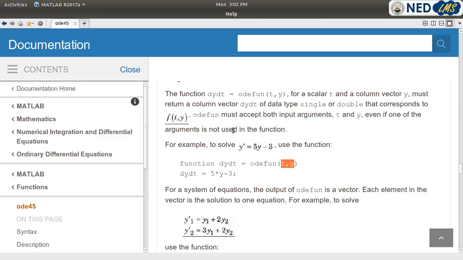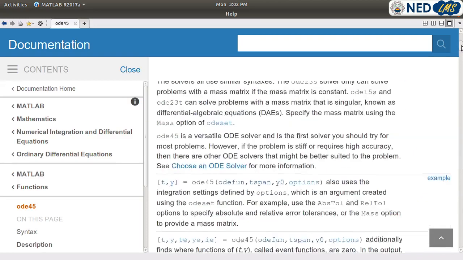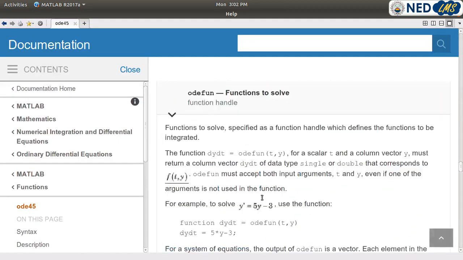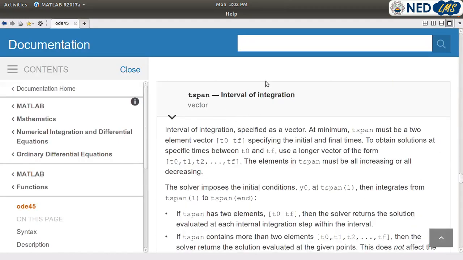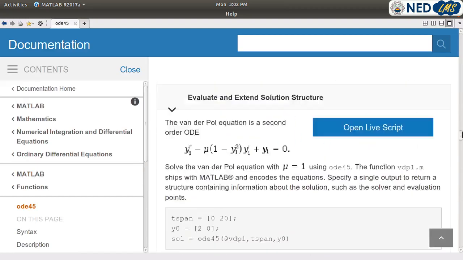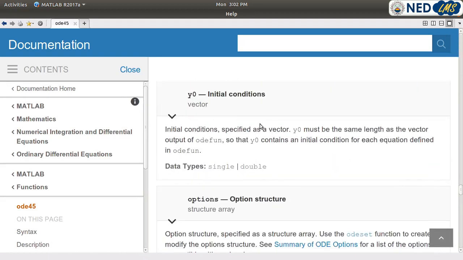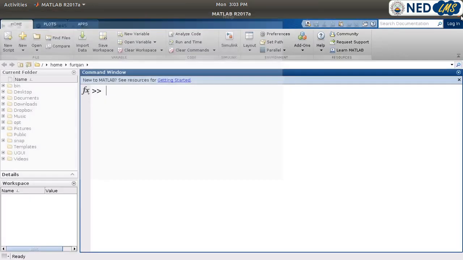The second input in this function is tspan, which is the interval of integration, and the third input is y0, which is the initial condition of the differential equation.